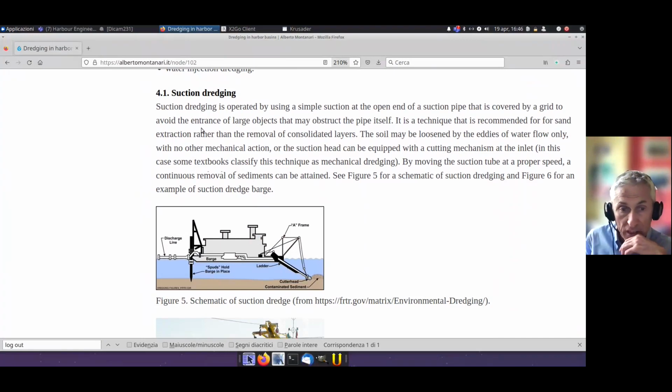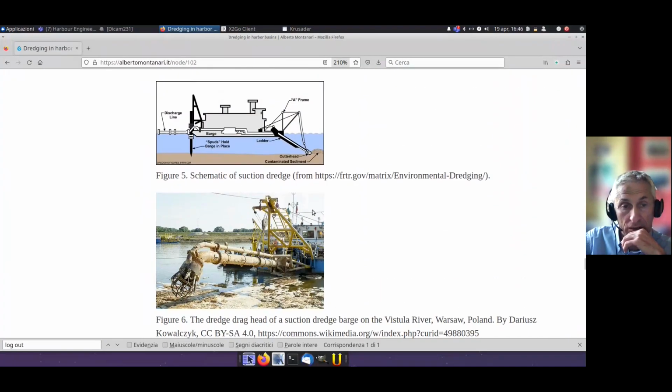And here again, there is the figure of the suction dredge barge. Very often we need some spuds in order to hold the barge in place. And very often, instead of accumulating the sediments over the boat, we have a discharge line which brings the flow of water plus sediments through a pipe to the land.